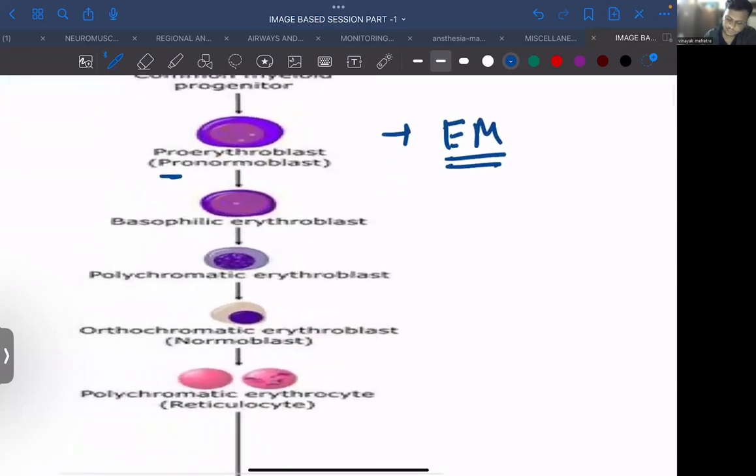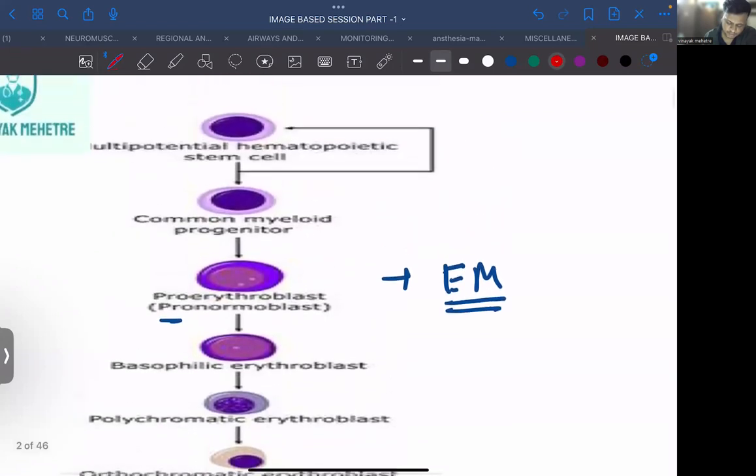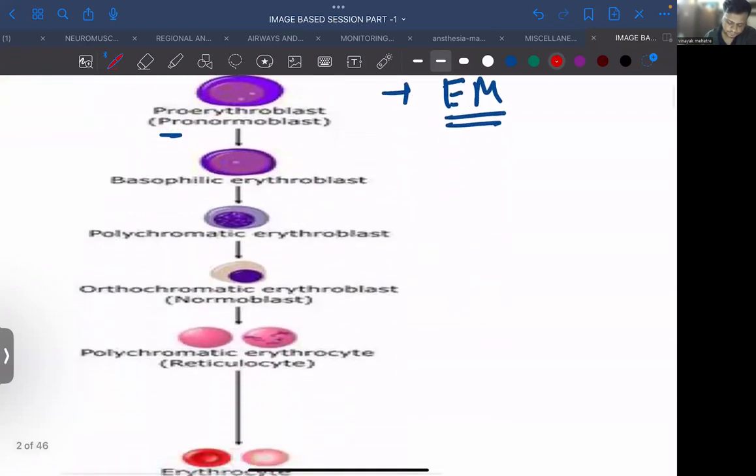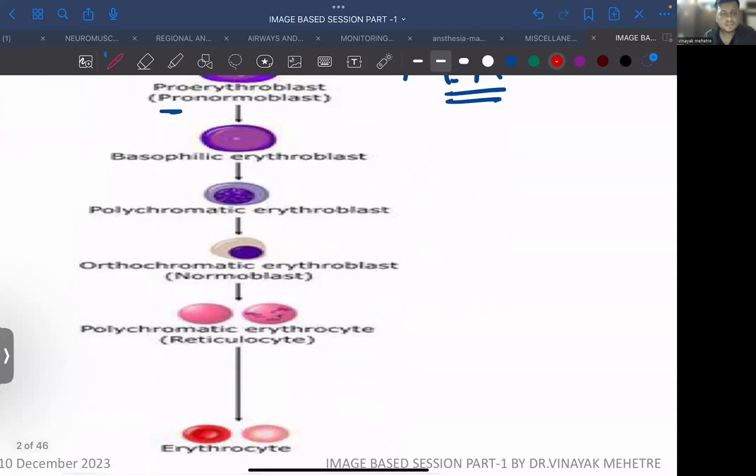Where do you see the color first? Polychromatic, right? Polychromatic. So it will be seen on routine stain. Okay, in routine stain we will see it.